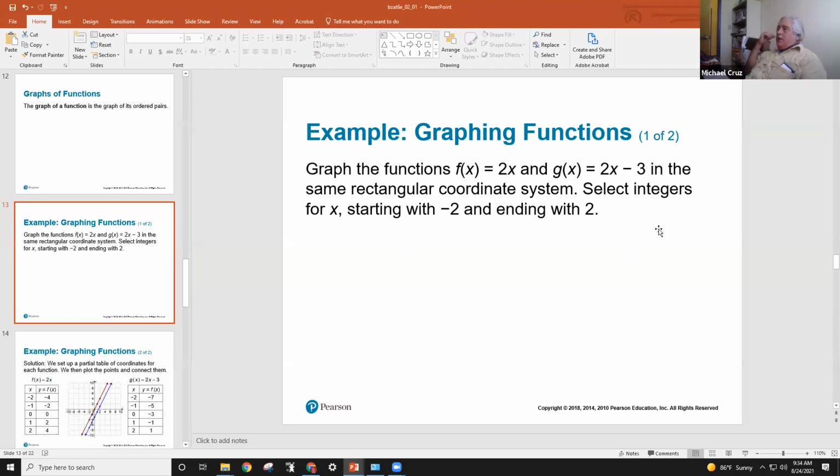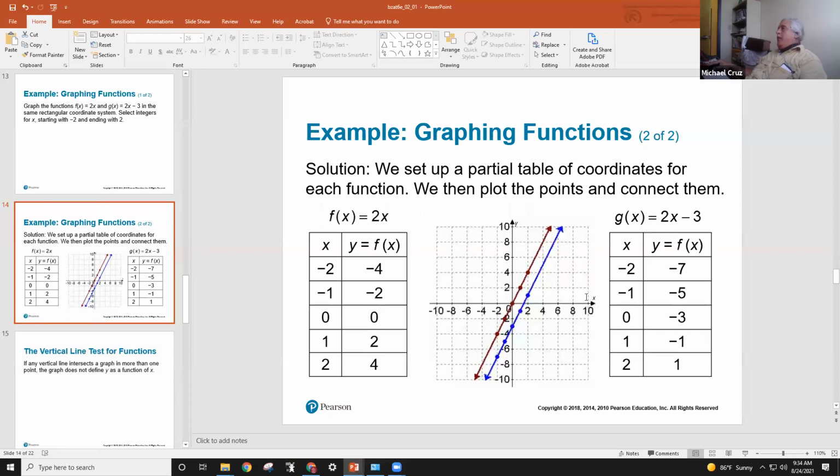All right, here's an example of two different functions. These are what we call linear functions: f of x is equal to 2x, and g of x is equal to 2x minus 3. Now, the old-fashioned, tried and true method for graphing an equation or a function is like this.